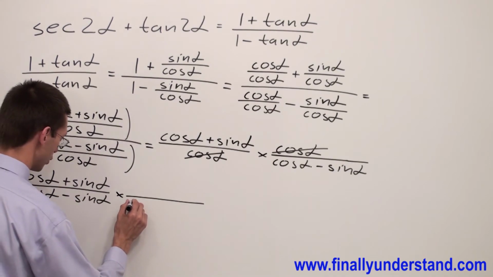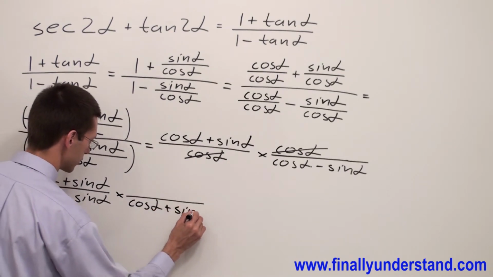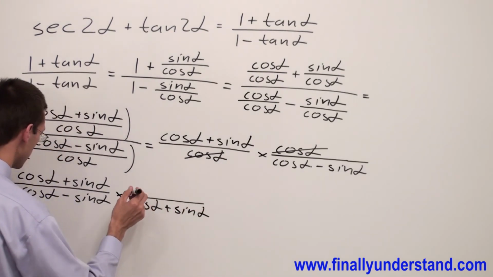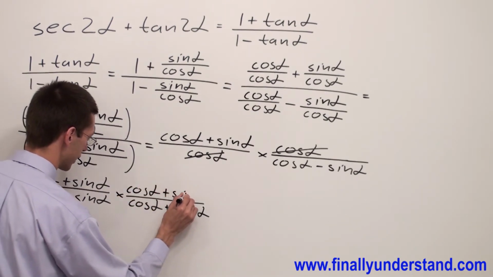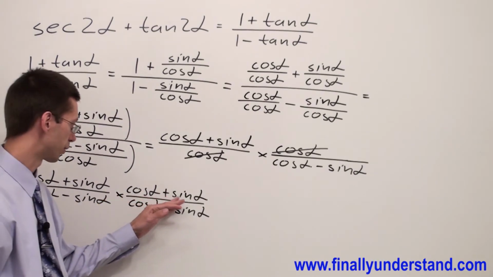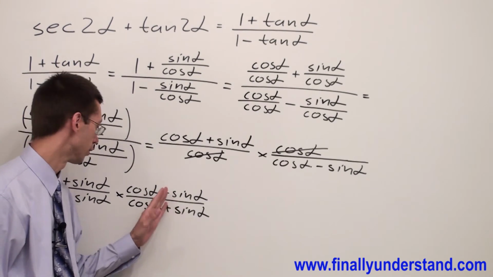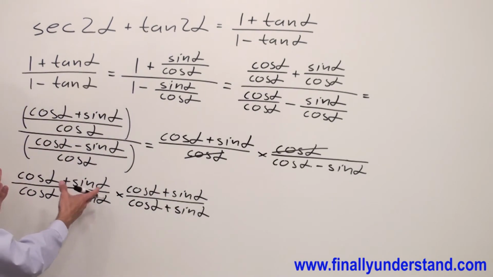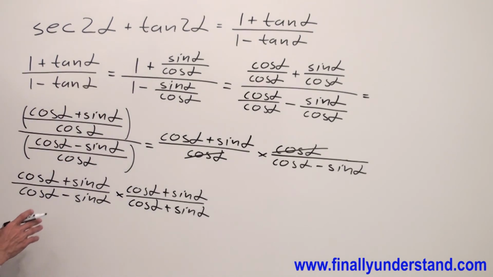And we will have cosine alpha plus sine alpha, and I have cosine alpha plus sine alpha in the numerator. Please notice that cosine alpha plus sine alpha over cosine alpha plus sine alpha is equal to 1. 1 times this fraction is the same fraction.